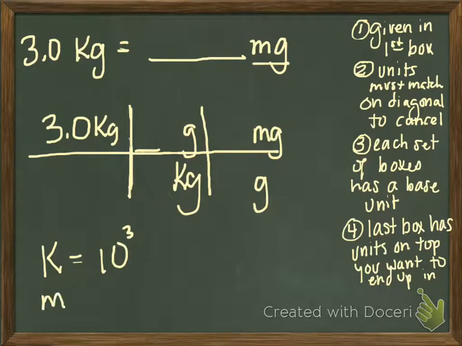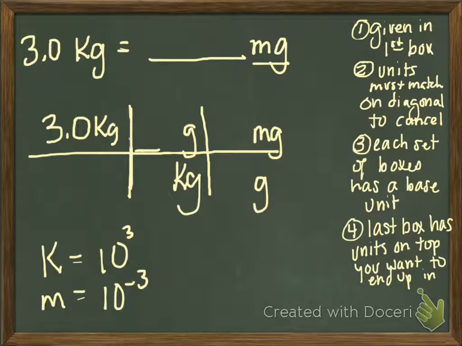And the exponential factor for the prefix milli is 10 to the negative third. You've probably done these kinds of conversions using the numbers 1,000, 100, but in chemistry we will always do these using the exponential factors. You're going to have to get used to it. Don't panic, we'll get you through.